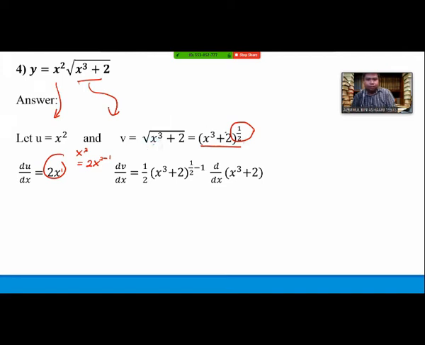Similarly, you will move this one to the front, and you get that power of half, and x power of 3 plus 2.